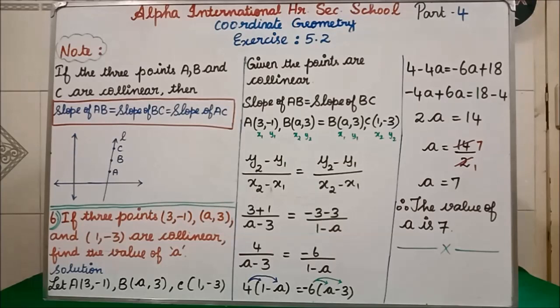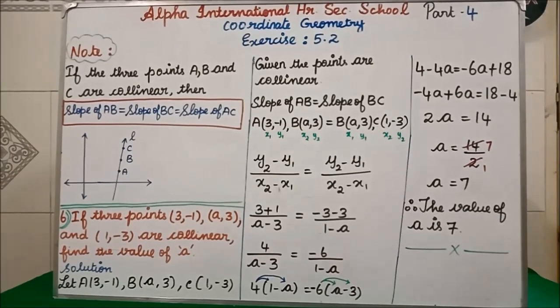Clear? The next step, the a values we are taking one side and the numbers one side. Clear all of you? So if minus 4a and minus 6a come this side, what will happen? See here, minus 4a we are having, this minus 6a if it comes this side, plus 6a equal to 18, if this 4 comes this side, minus 4.